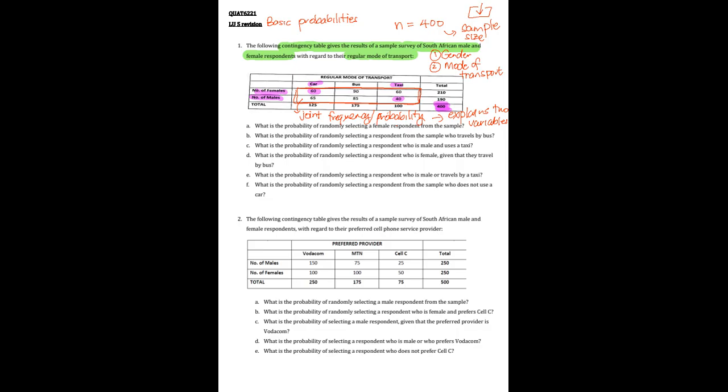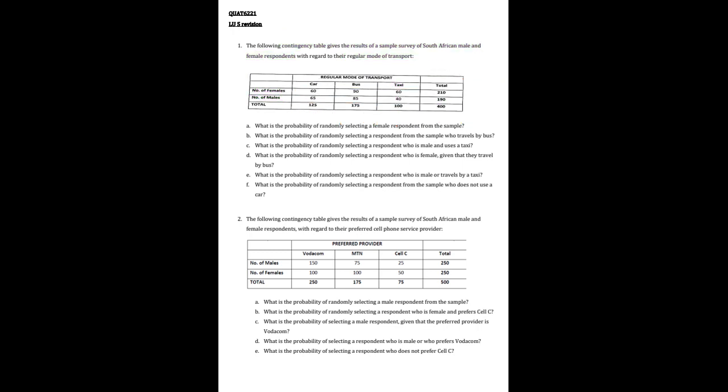So we saw that there are two variables. We also saw that the variables are gender and the mode of transport. And we saw what a marginal frequency or marginal probability is, as well as a joint probability. So the first question says, what is the probability of randomly selecting a female respondent from the sample?